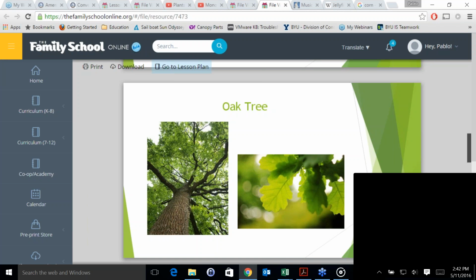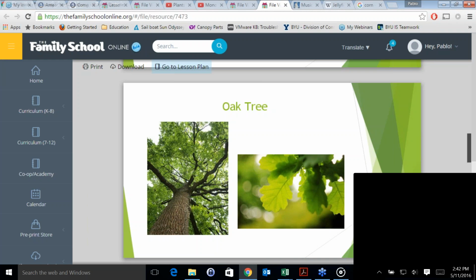What else do we see, besides the branches, what other characteristic will help us see that this is a dicot? In the trunk. It's got that wood texture. Mm-hmm. So it has wood, and when we mentioned that the dicots are the wood producing trees, Patrick says many branches, Sidney says bark.